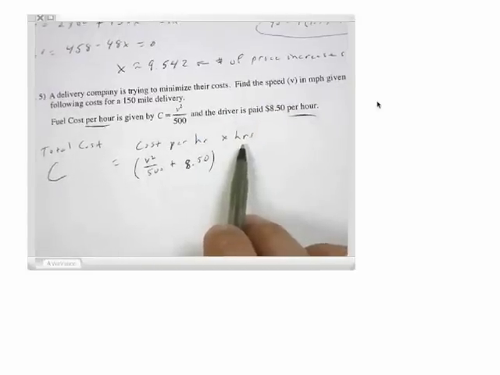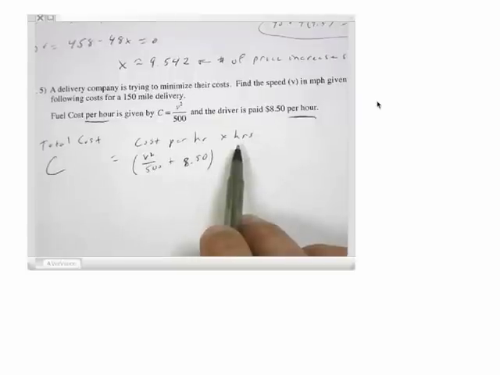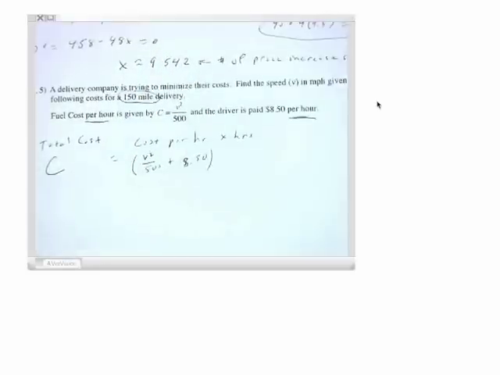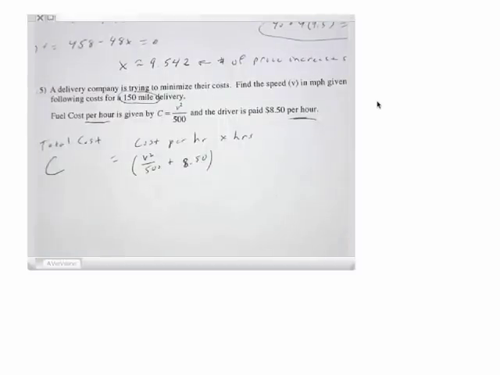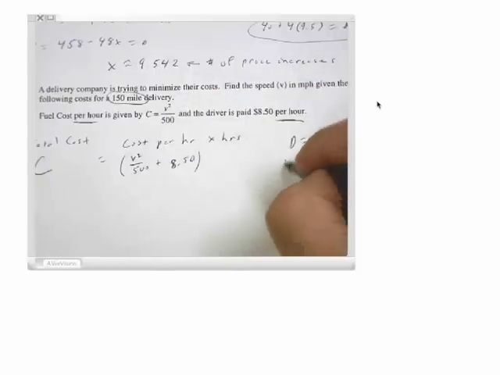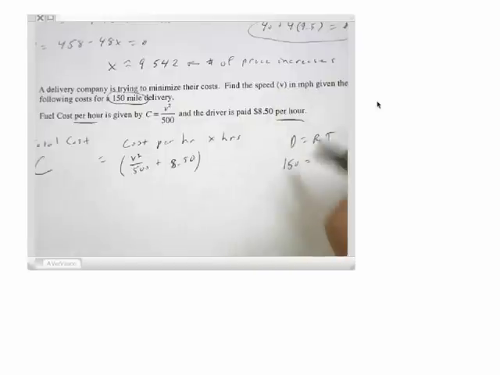Now, to figure out the number of hours, first of all, it's a 150-mile trip. Distance we know is equal to rate times time. So I've got a 150-mile trip, the rate I'm driving is v, times t.